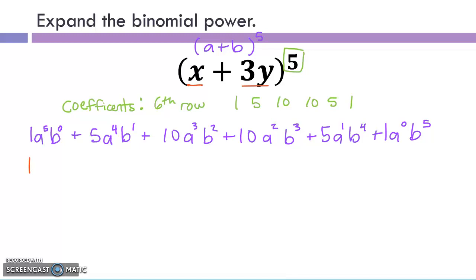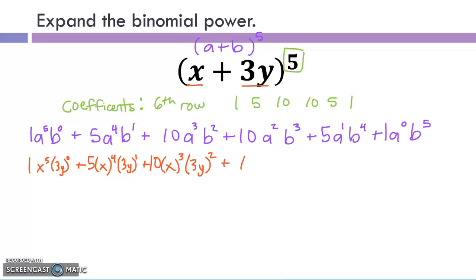So I'm going to have 1 times x to the 5th times 3y to the 0 power plus 5 times x to the 4th times 3y to the 1st power. And then I'm going to continue. So anywhere I see a, I'm going to put x. Anywhere I see b, I'm going to put 3y.